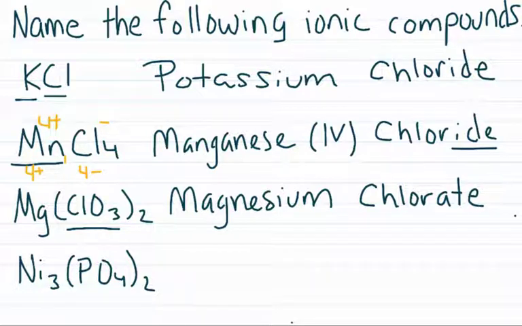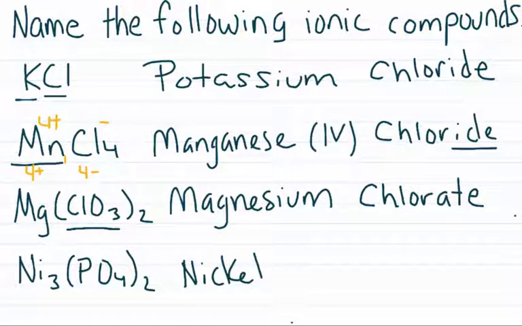Now remember, with ionic compounds, we don't name these subscripts. That's only with the molecular compounds that we do that. Our last one starts with the metal Ni, which is nickel. And we need to determine if nickel is main group or transition.